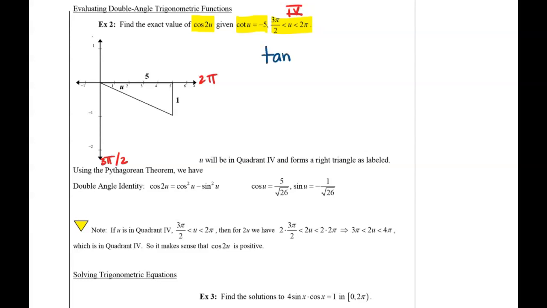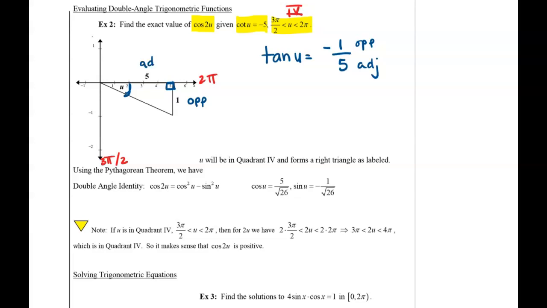Second, I don't really know my cotangents, but I do know my tangents. So tangent u is equal to the reciprocal, which is 1 over 5. Tangent is opposite over adjacent. So if this is angle u, and you're going to draw a right triangle with the x-axis, we know that the opposite side is going to be 1, and the adjacent side is going to be 5.